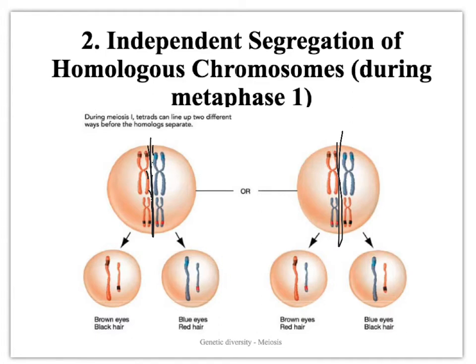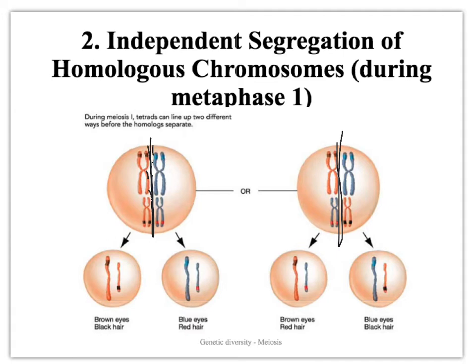gametes that are produced. However, it's completely random which of the homologous chromosomes from each bivalent lines up on each side of the equator. So because these have arranged this way on this one and the opposite way on this one, you end up with different combinations of maternal and paternal chromosomes with their respective alleles in each gamete.